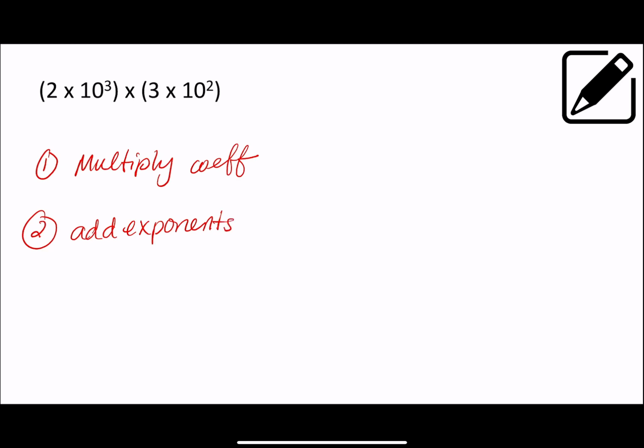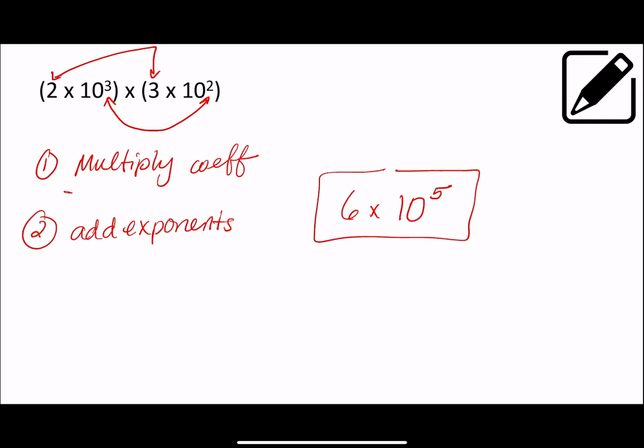So if you multiply 3 times 2, that should be 6. These are the coefficients again. 3 times 2 is 6, and then you're going to add 3 and 2 together on the exponent. So your answer should be 6 times 10 to the 5th. That should be your final answer. So multiply and then add.